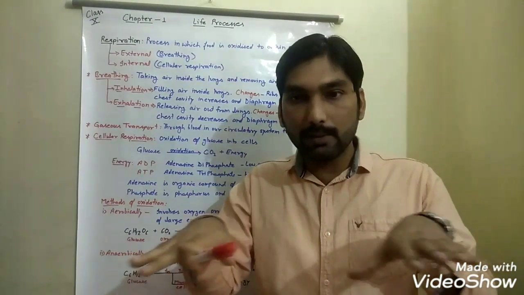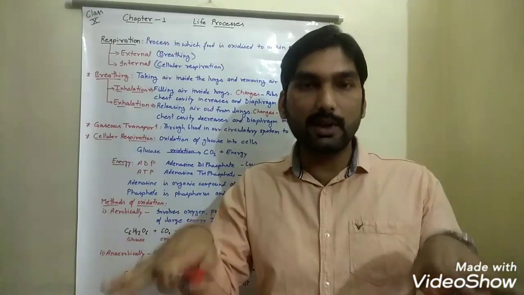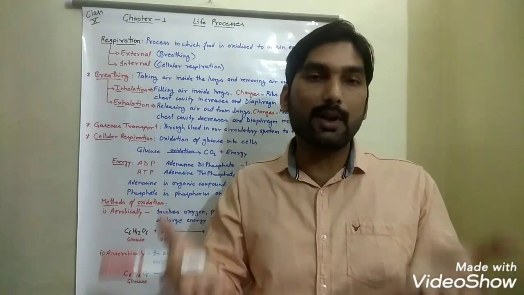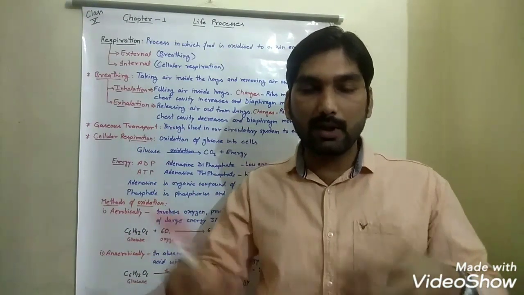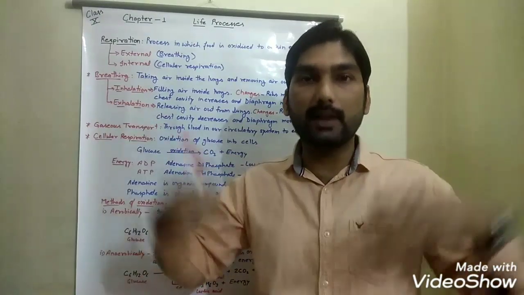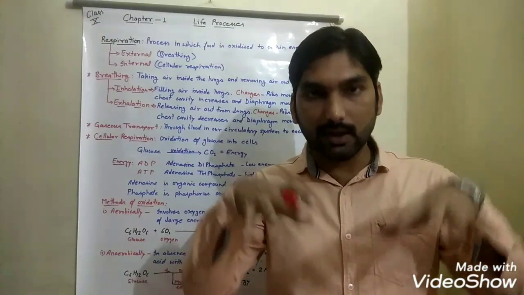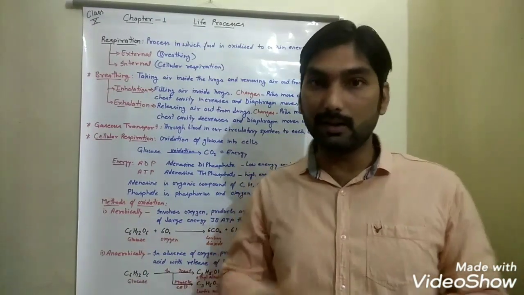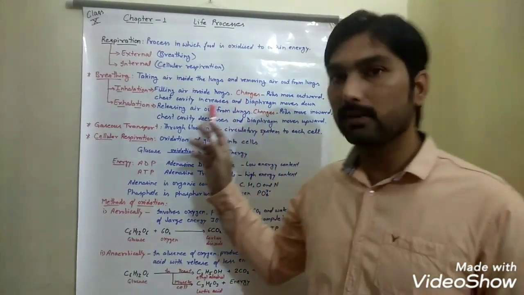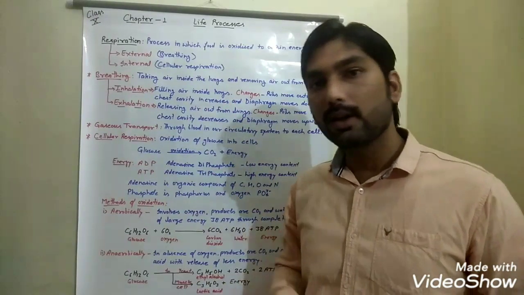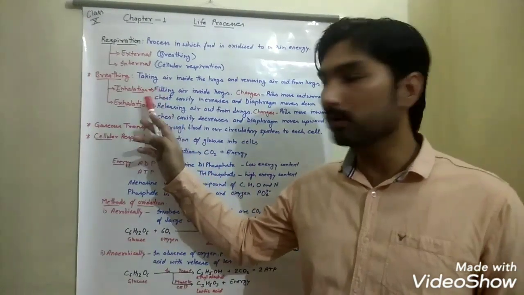The diaphragm is a muscular seat on which our lungs are placed. So when our lungs expand inside, they press the diaphragm downward, and these are the physical changes which happen during the inhalation process.